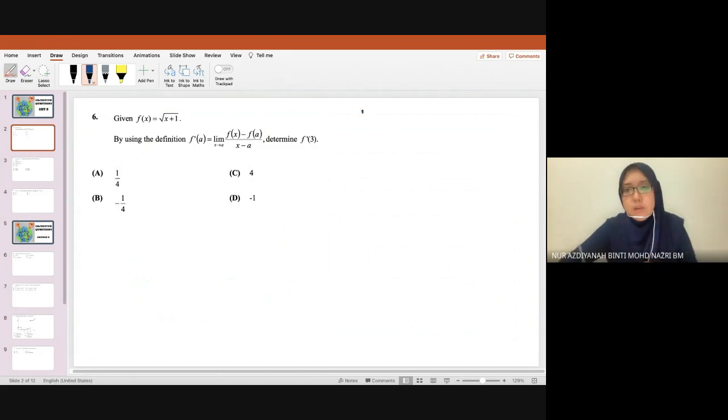For f(x) here, when we differentiate, if we change this to power 1/2, our f prime x will directly be 1/2 times (x plus 1) to the power of 1/2 minus 1, which becomes negative 1/2.